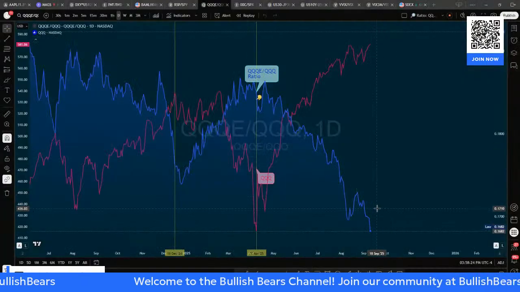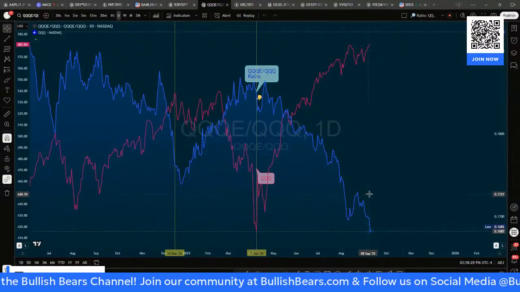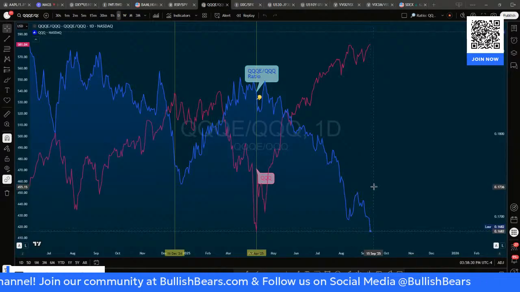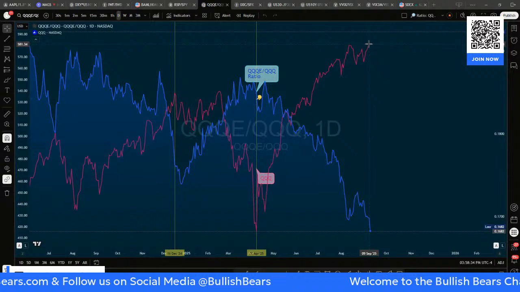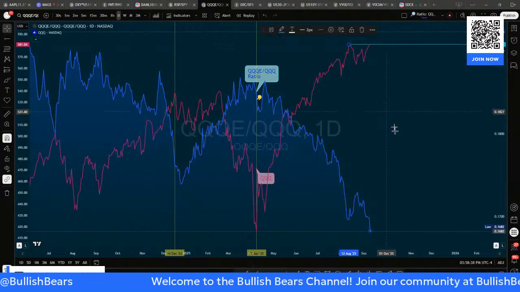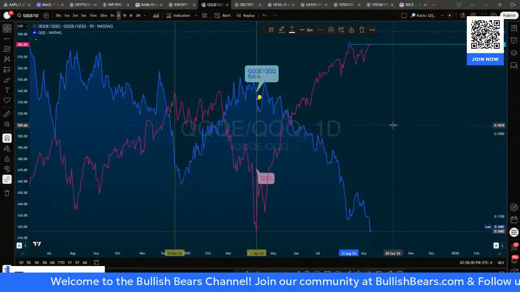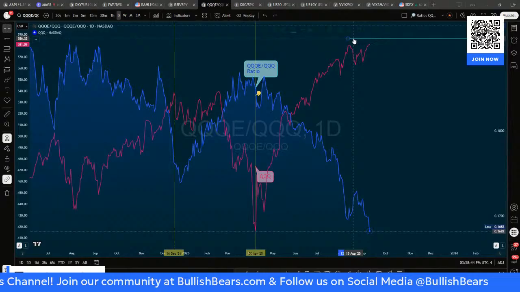If this is right and we get a bounce here, I think we're going to get a pullback in the S&P and in the Nasdaq, but especially in the Nasdaq because the Nasdaq is at resistance right now. Well, remember, potential resistance.